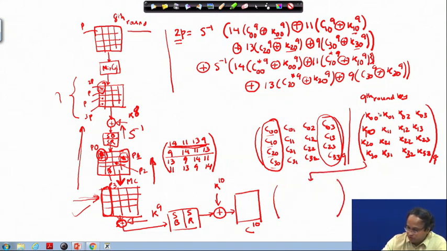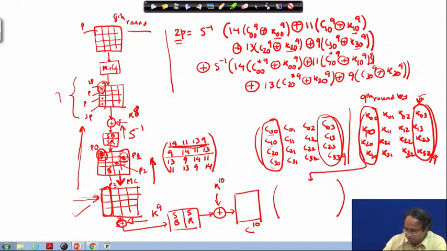You consider the columns one by one. For example, I consider this column and this column, and I do an operation on this column. It is essentially a rotate, an operation called RotWord, followed by an S-box operation.